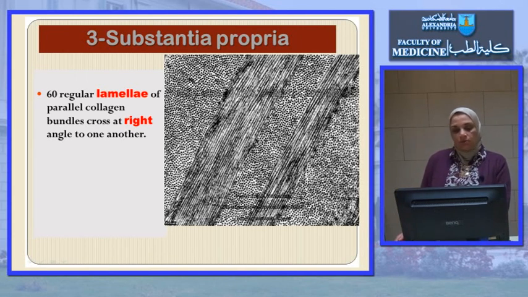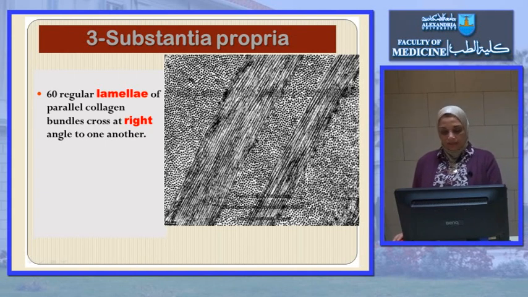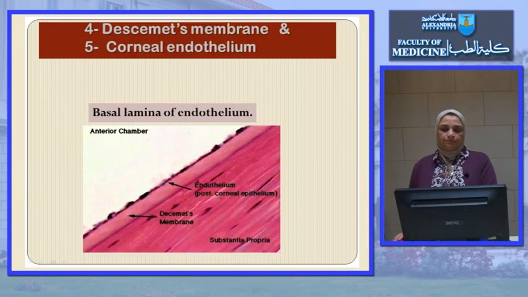The most important factor here is that there are no blood vessels in the cornea. You have to know that the cornea is avascular, and again, this is one of the factors which contribute to the transparency of the cornea: absence of blood vessels or lymphatics.